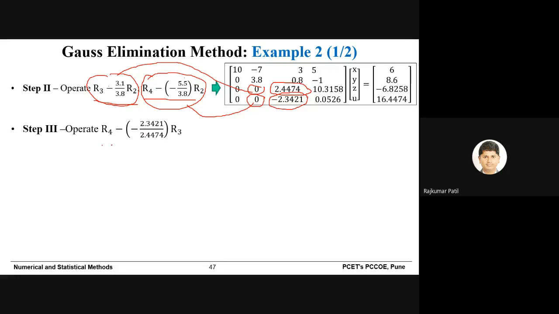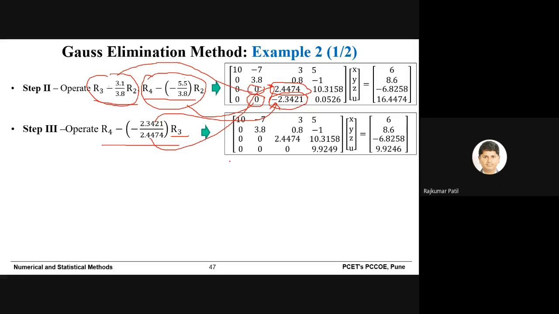So you can see R4 minus 2.3421, this is this term, divided by 2.4474, this is A33 into R3. Once you apply this particular operation, you can make A43 equal to 0.